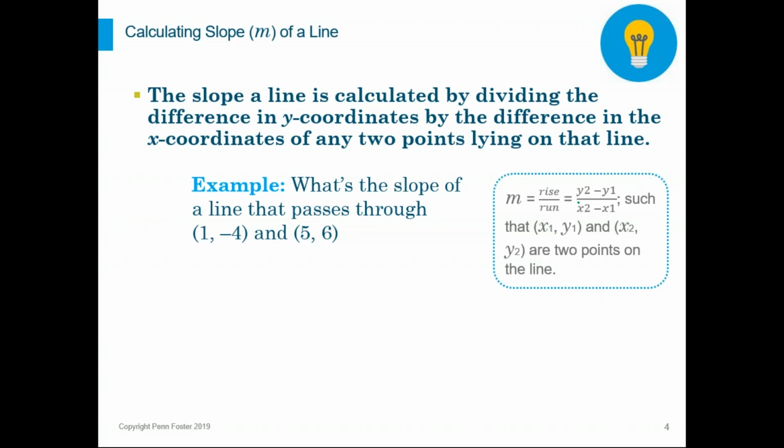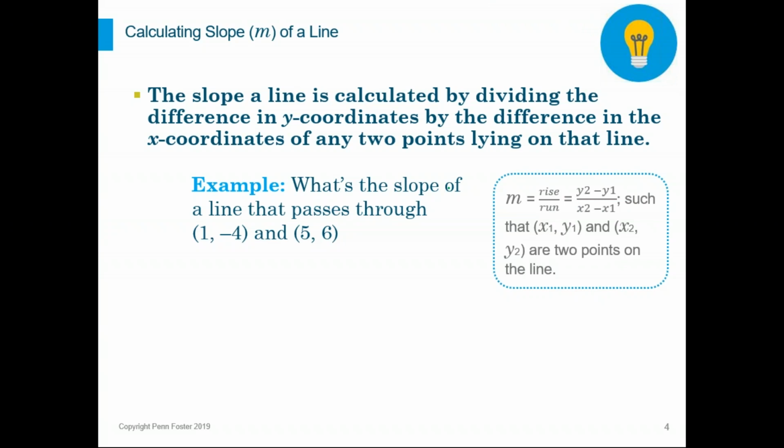So for example, if you have a graph of a line, or you're just given 2 points and you're told that these 2 points lie on that line, and you're asked to calculate the slope, how would you do that? Well, you just use the formula that is given within the lesson.